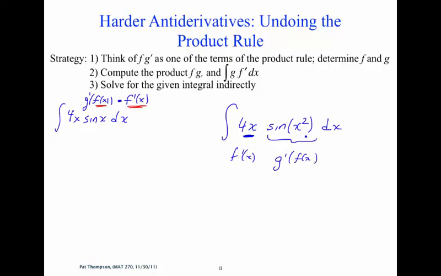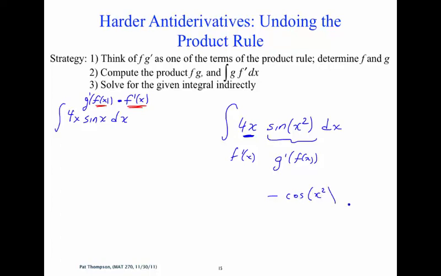So here's the point: f of x would be like x squared, and f prime 2x. Well, that's close enough to this, right? It's the same power of x. And so our first attempt would be minus cosine of x squared.